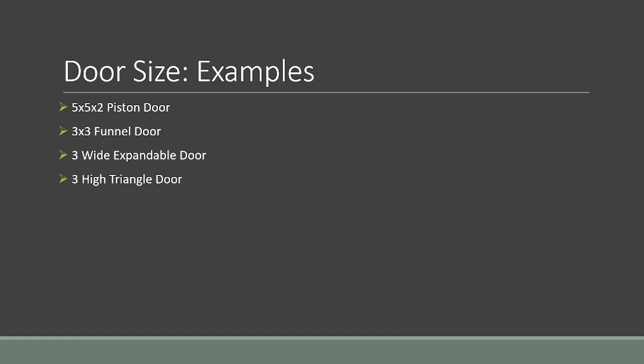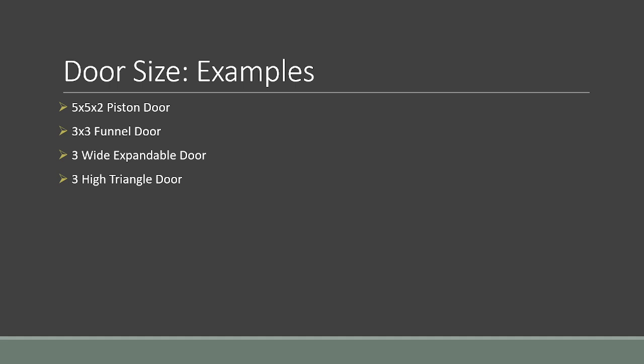But I will still give you some examples. For the first form, M by N by K, we can have a 5 by 5 by 2 piston door. Notice that if it's a 5 by 5 by 1 piston door, we won't say 5 by 5 by 1. We only say 5 by 5. Unless the depth of your door is larger than 1, you will not include the K index.